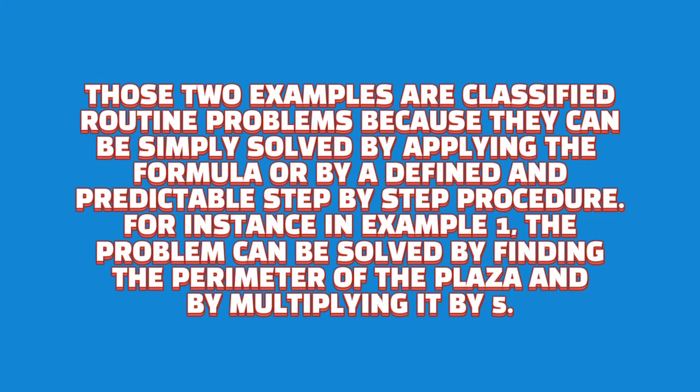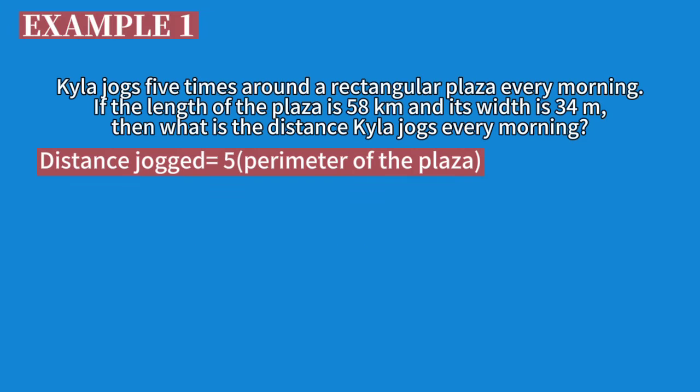These two examples are classified as routine problems because they can be simply solved by applying a formula or a defined and predictable step-by-step procedure. For instance, in example 1, the problem can be solved by finding the perimeter of the plaza and multiplying it by 5.